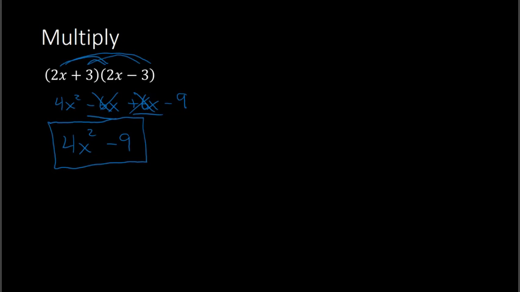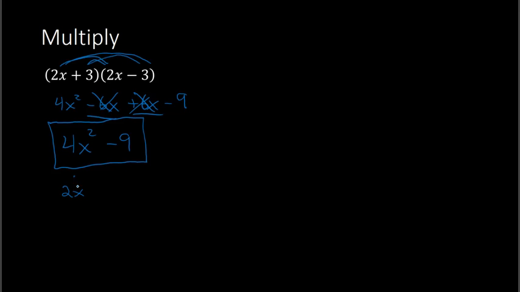And I point this example out because as we progress in our study of algebra, we will discuss at a later time that when the signs are different, like plus, minus, it's going to cancel the middle terms, and it's going to leave me with these two terms. And these two terms are both something being squared.